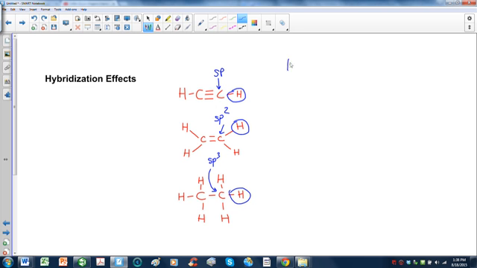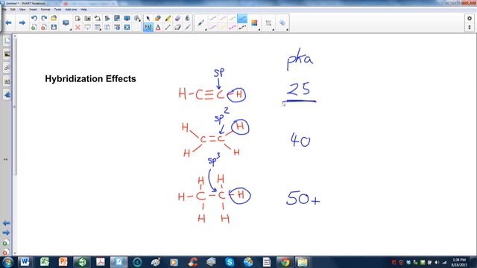And you can get that from looking at the pKa's. The pKa of an alkyne is about 25. The pKa of an alkene like this is about 40, and the pKa of an alkane is going to be 50 plus.